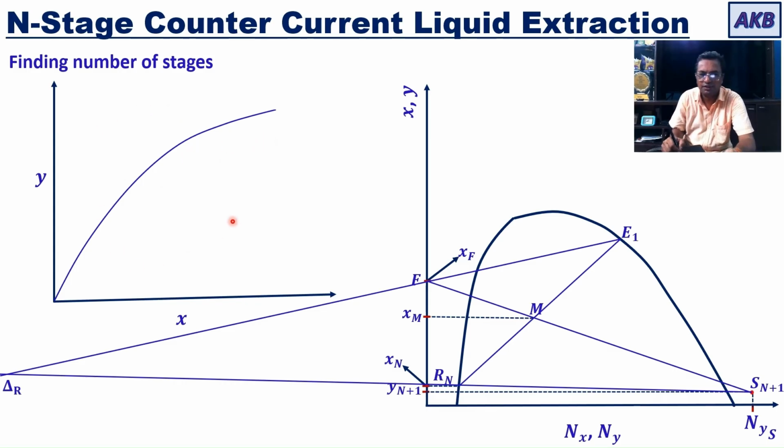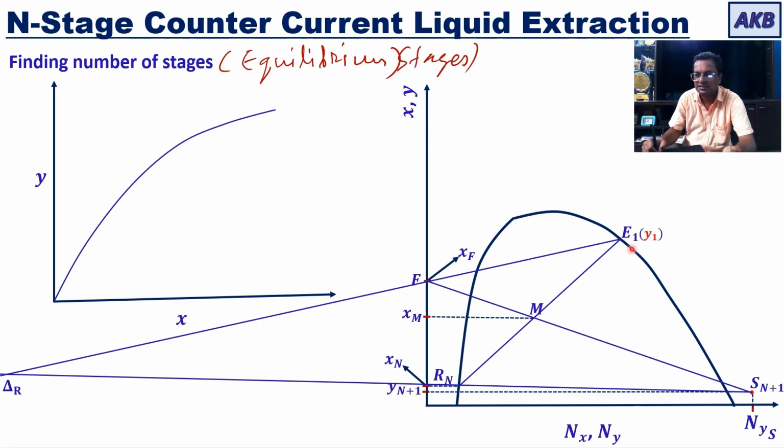So we will be using the distribution diagram and the ternary diagram to find the number of stages. In this case, we are going to get the number of equilibrium stages, number of ideal stages, or number of theoretical stages. So these are equilibrium stages. Let us understand.